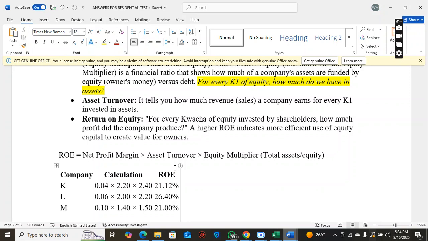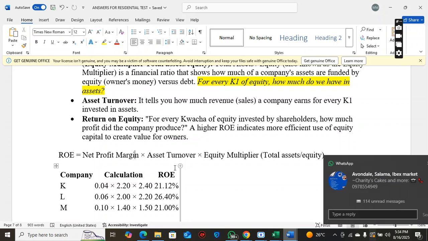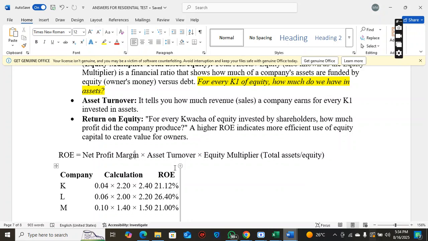Company L. What about company M? Company M, for every one quarter they make in sales, 10 ngwe is net profit. Company M is doing better in terms of net profit margin.